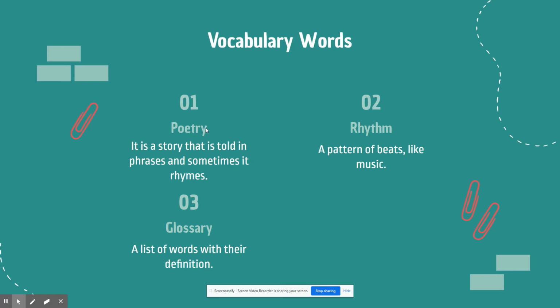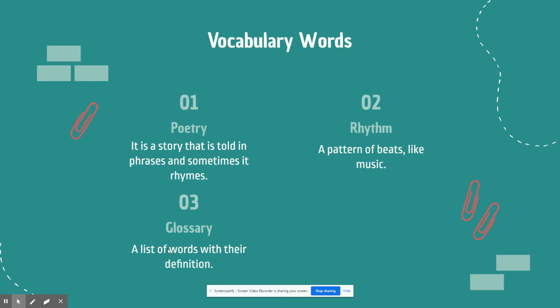And then poetry has rhythm. So, a rhythm is kind of like a pattern of beats, and you're going to notice that when you see and hear the words that rhyme, but you'll see that when we're in class reading the poems. But poetry has rhythm, and rhythm is just a pattern of beats, kind of like music.